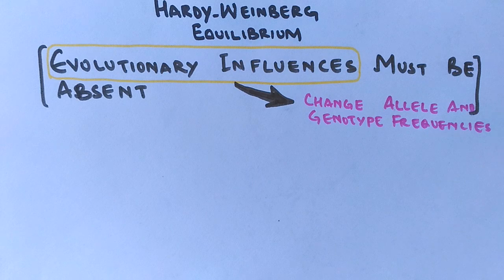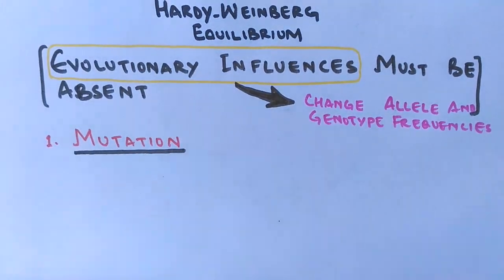That's Hardy-Weinberg equilibrium. The first evolutionary influence that must be absent to achieve Hardy-Weinberg equilibrium is mutation, because mutation can change the gene pool at a greater pace. So when mutation is absent in a population, there would not be any change in allele or genotype frequency.